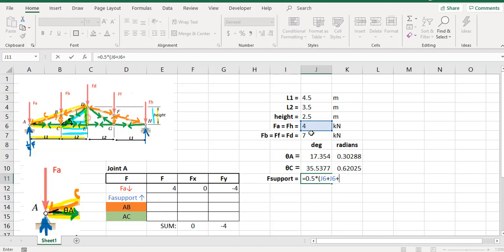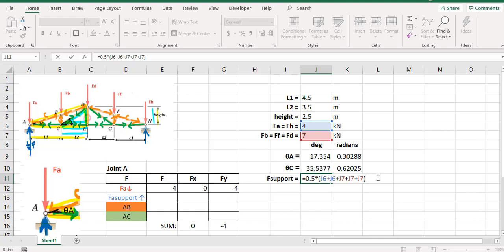And then in the middle, we have 7, 7, and another 7. Okay, so I could say 3 times 7 plus 2 times 4, but it's kind of nice to make sure I've got 1, 2, 3, 4, 5. I have all 5 of those forces accounted for.